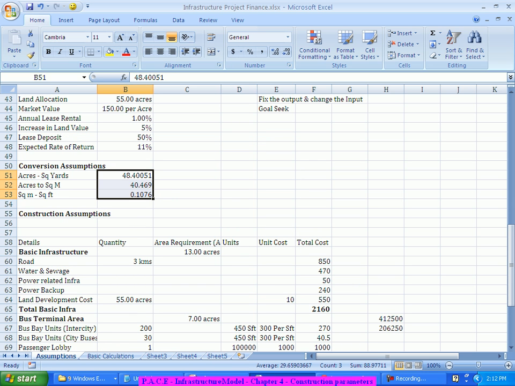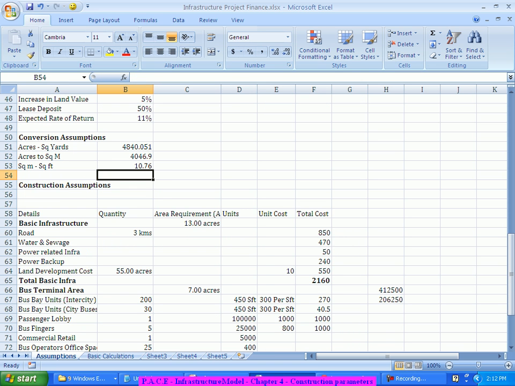It comes out as 4840.051, 4046.9, and 10.76. These are the numbers.